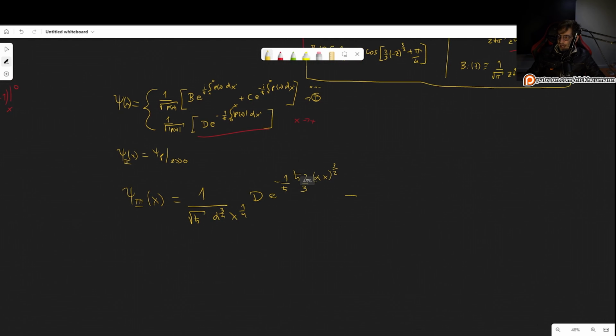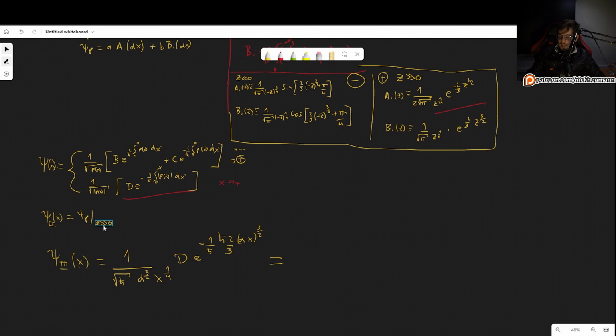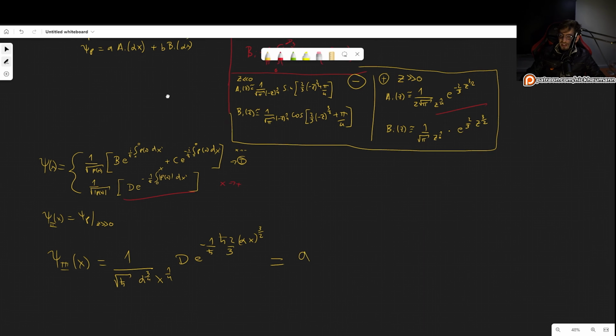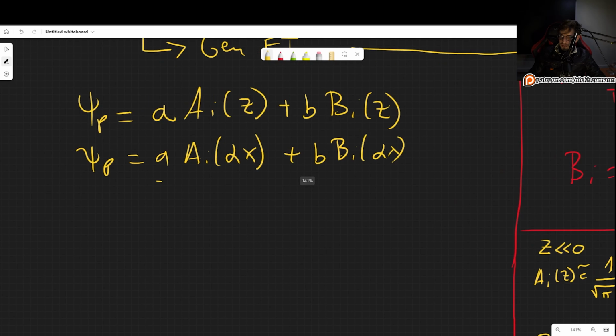And this has to be the same as our patching wave function in the limit where z becomes very large. So that has to be the same as the sum of those two. As a reminder, this is a patching wave function, okay, this thing right there.